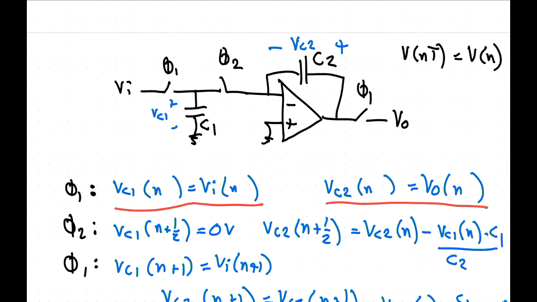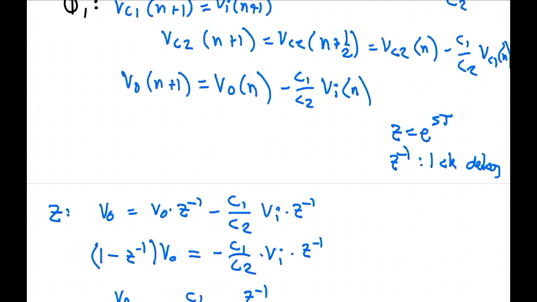So what you normally do is you have a stray insensitive implementation.